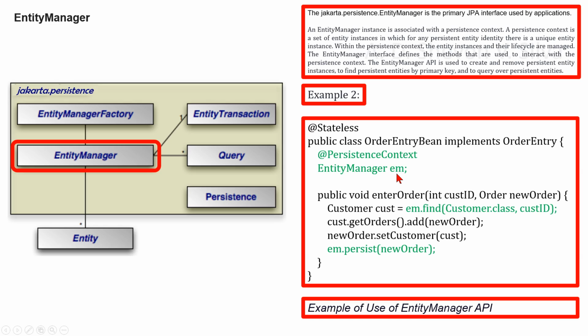Here you can see the find method, find by the primary key. It searches for an entity of the specified class and primary key. If the entity instance is contained in the persistence context, it is returned from there.